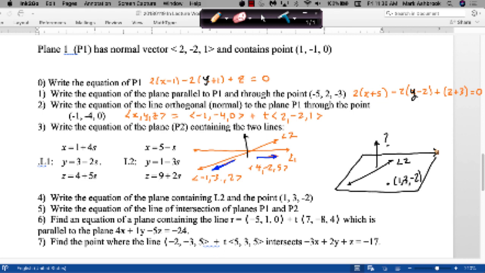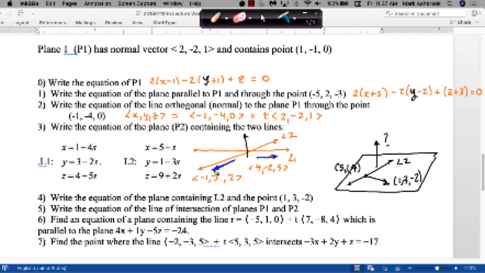Ellie, tell me. Use the initial point for L2 and create a vector with that extra point. Right. So my initial point is 5, 1, 9. I can create a vector from 5, 1, 9 to 1, 3, 2, right? Do I have another vector parallel to the plane? What about L2?